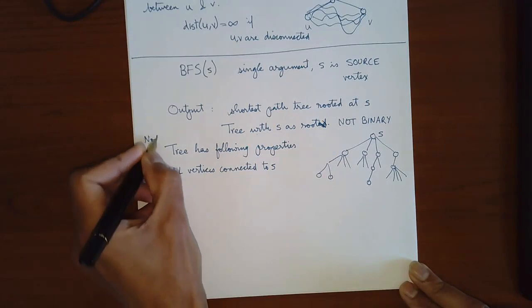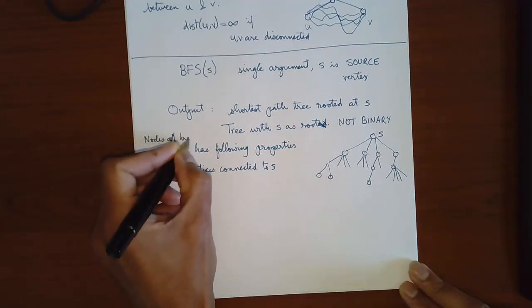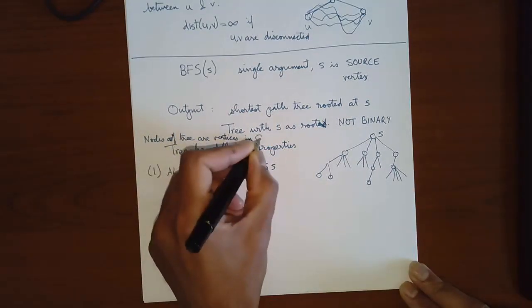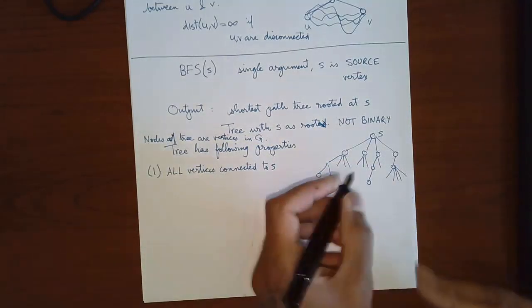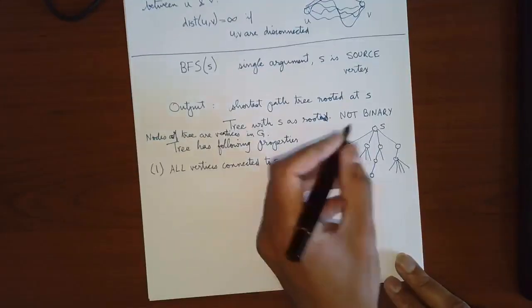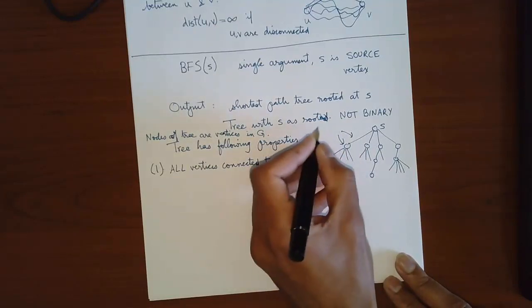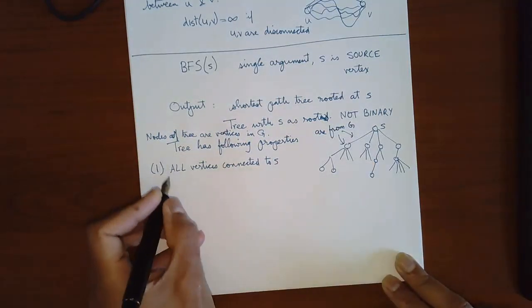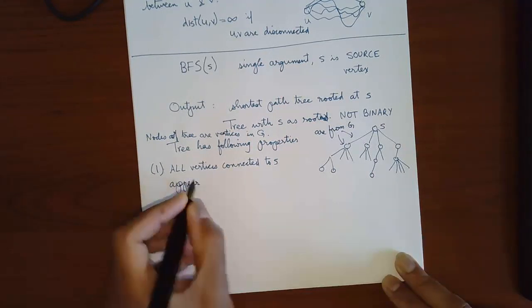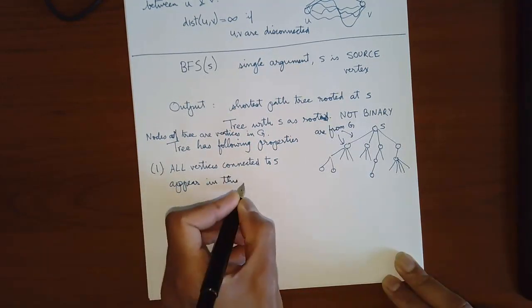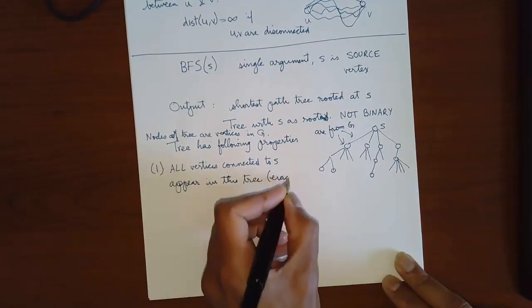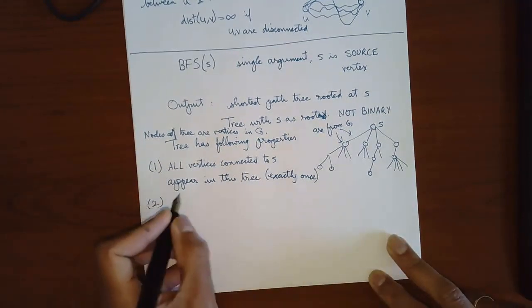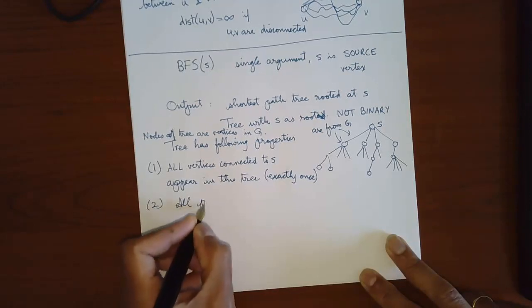The nodes of the tree are vertices in the graph, and the edges are edges, so both the edges and vertices are from the graph. And two, all paths.